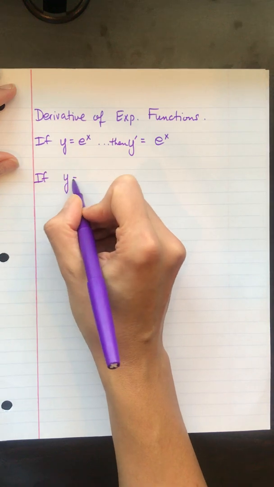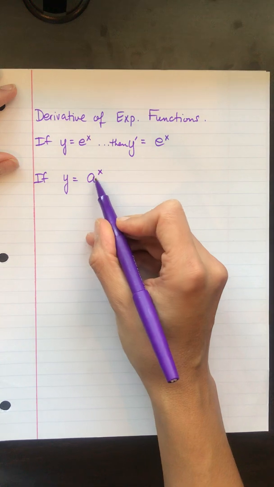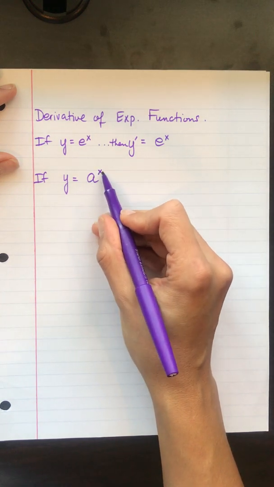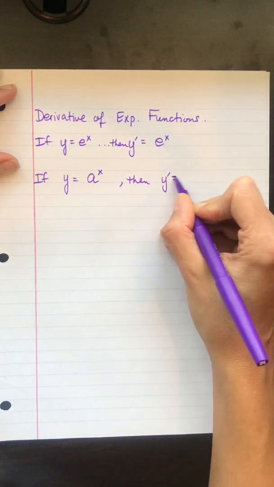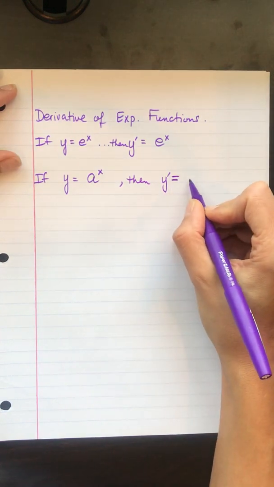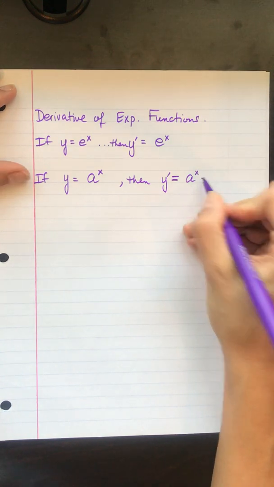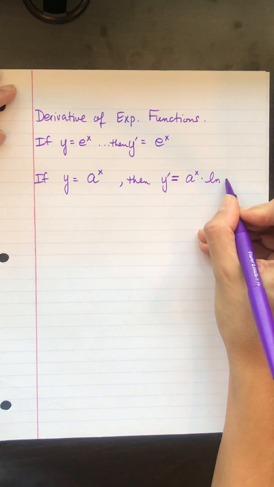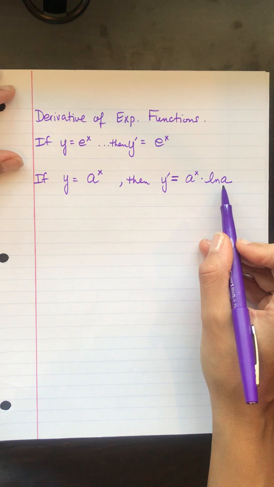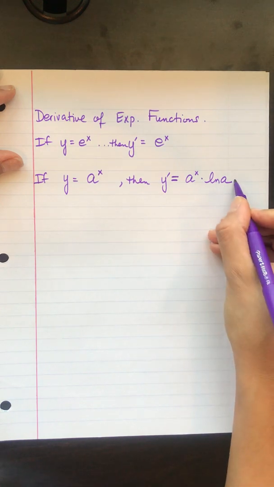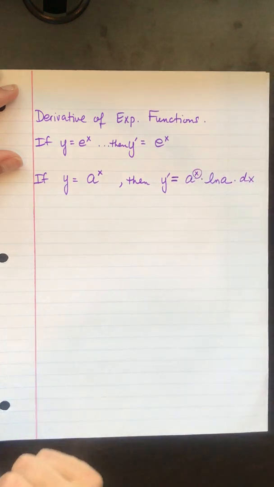If y equals a to the x, any number to the x power, 5 to the x power, 4 to the x power, then the derivative is itself, okay, times ln of the base, all right, times the derivative of the argument or the exponent.